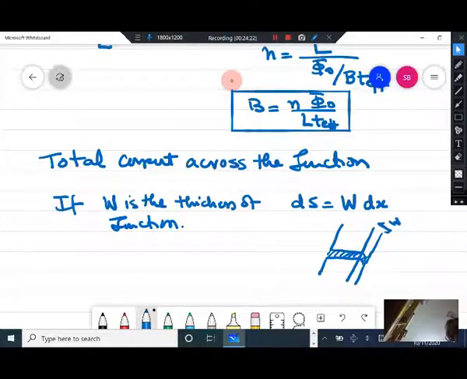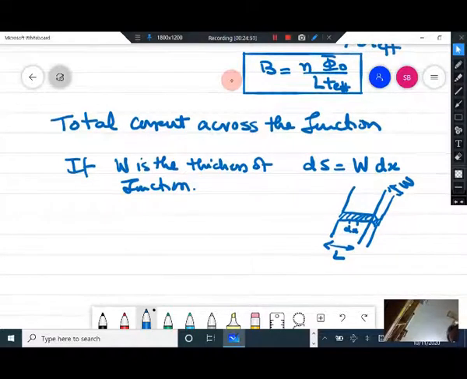This is W, the thickness of the junction. The total length is L. If we are moving dx along this, then the cross sectional area is W into dx, some cross sectional area of the junction, and the current density is perpendicular to this cross sectional area.